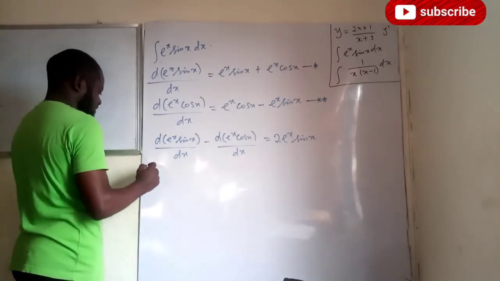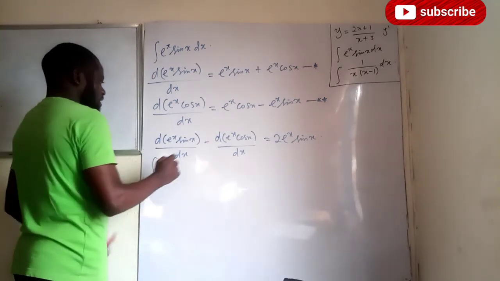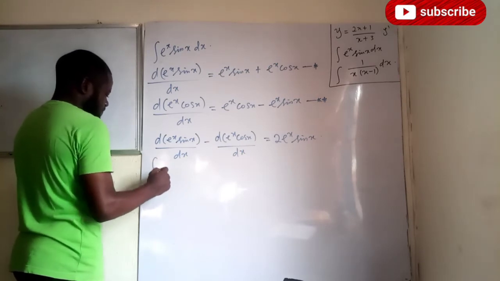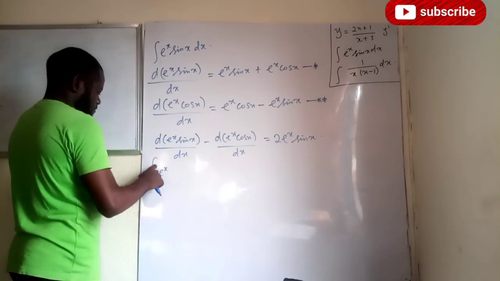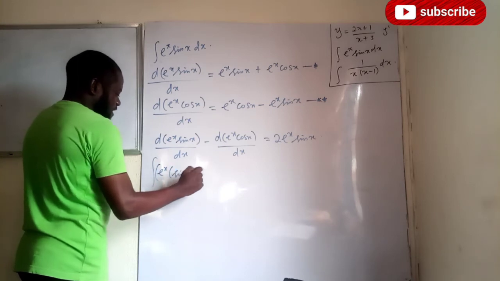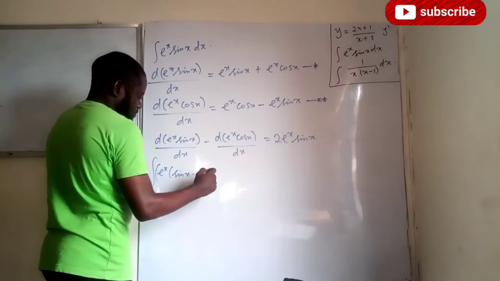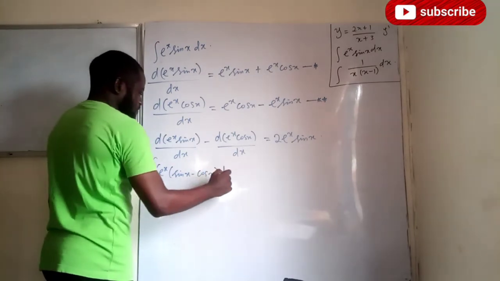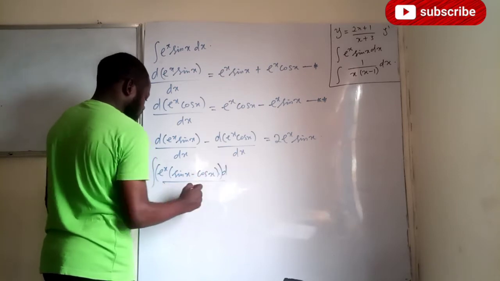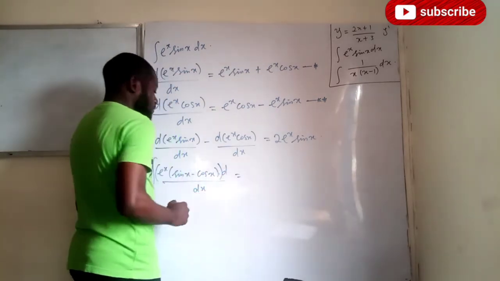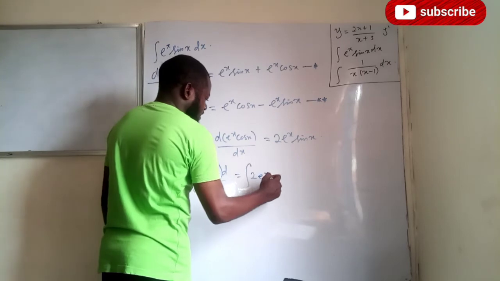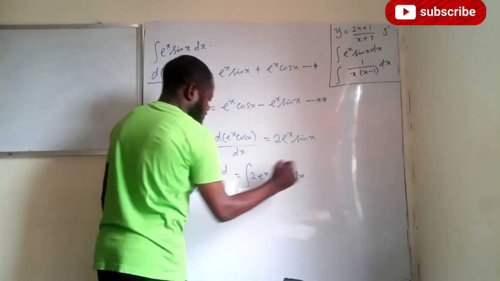If I take the integral of both sides, I will have the integral of e to power of x sine of x minus cos of x dx to equal the integral of 2 e to power of x sine of x dx.